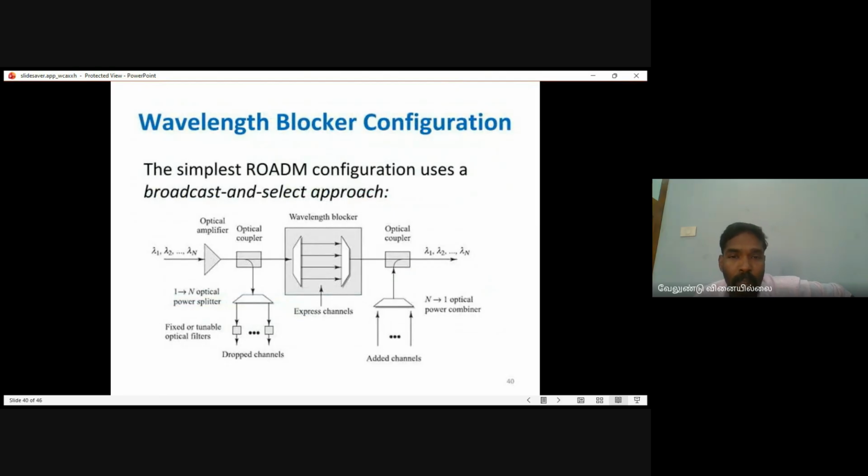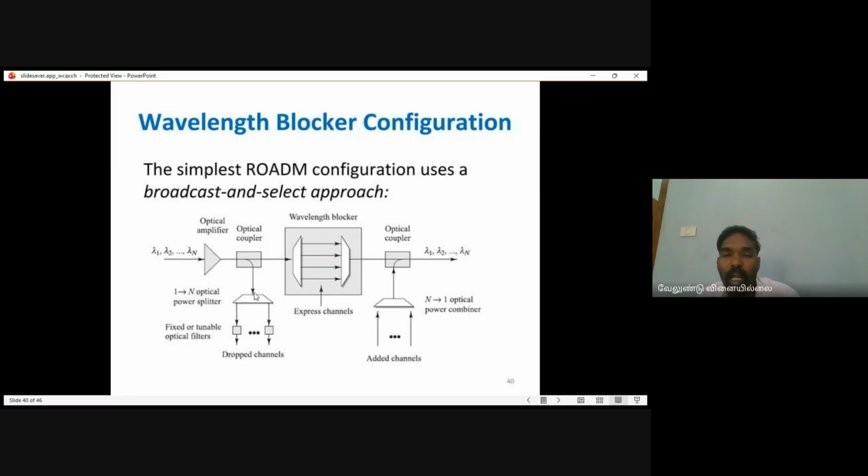This is a reconfigurable architecture. You can see the optical amplifier is there. This is the symbol for the optical coupler, this is the symbol for dropped channels, and this is for added channels. The optical fiber cable is given to the optical coupler. And this is the wavelength blocker.